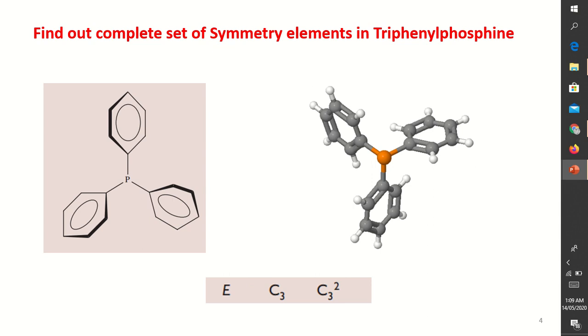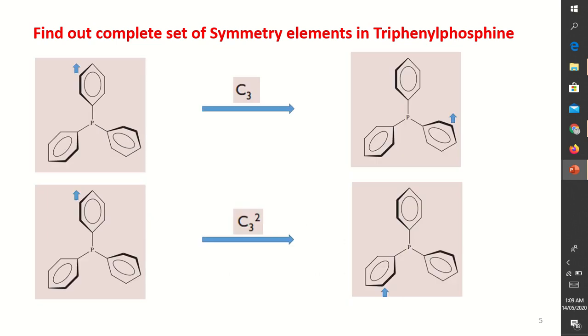We had better write on paper the products of the symmetry operations that would occur in triphenylphosphine for a better construction of the multiplication table for this particular molecule.